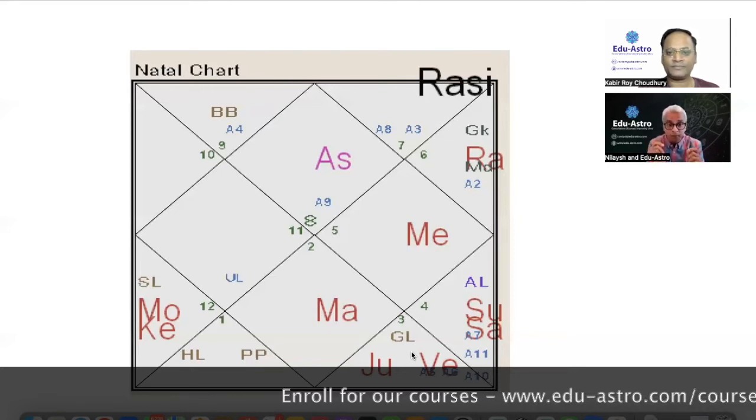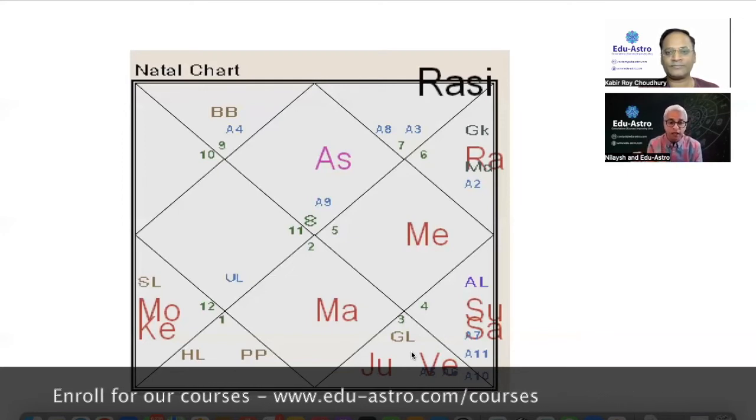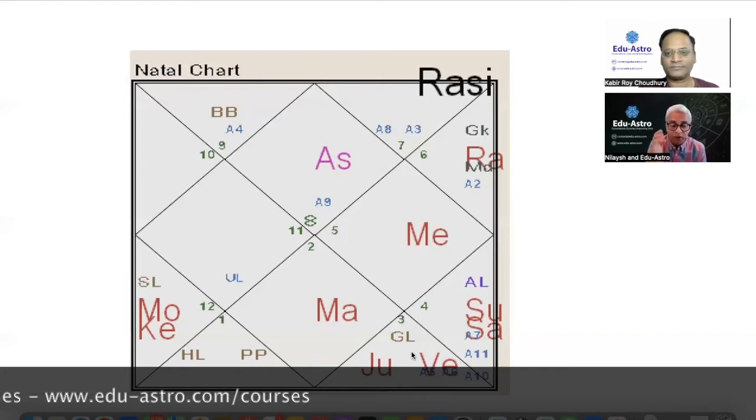You can predict things without looking at any divisional chart, and that is the whole point. If you don't have a habit of seeing the divisional chart, still you can make a very fine-tuned prediction through it.